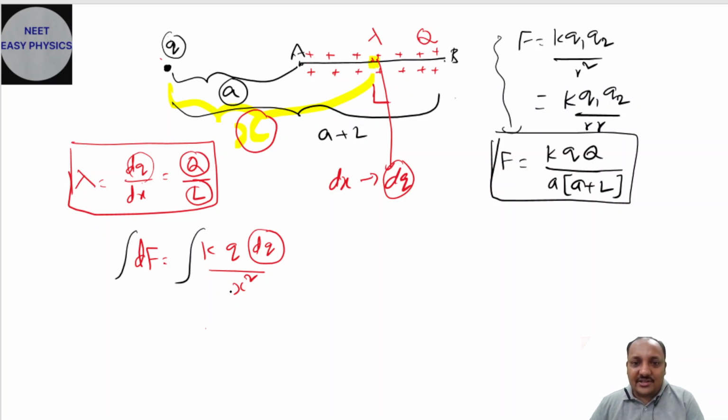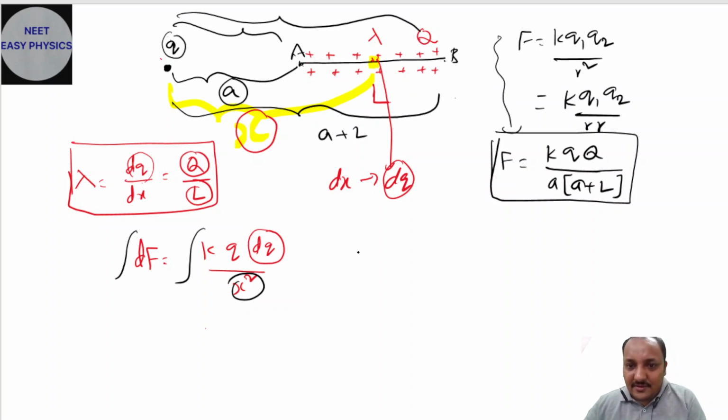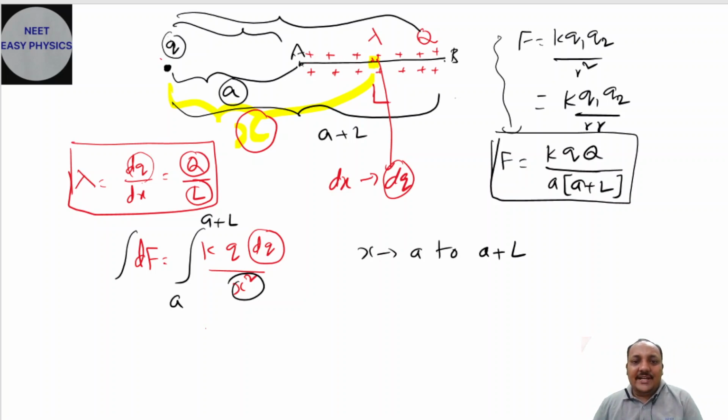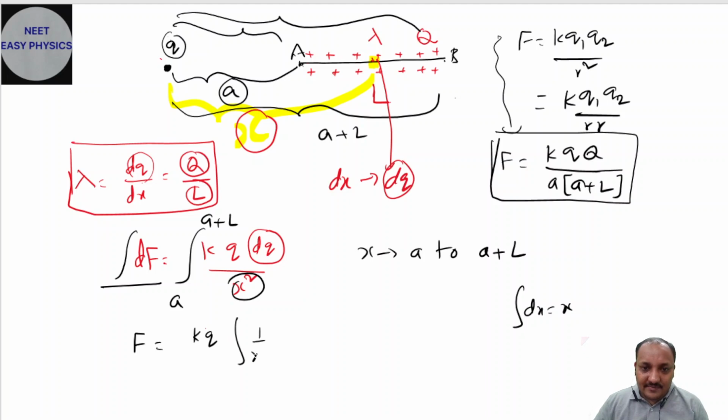Whenever you are doing integration, this x starts from a and ends at B. Therefore, x is changing from a to a plus l. So between the limits a to a plus l, you have to integrate. Integral dx is nothing but x. Therefore, integral df is F. Now K q integral 1 by x square. What is dq?